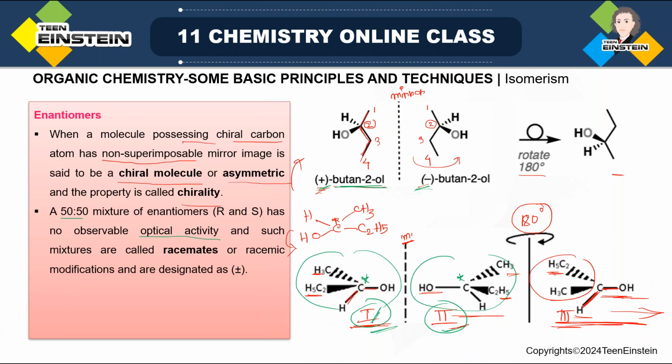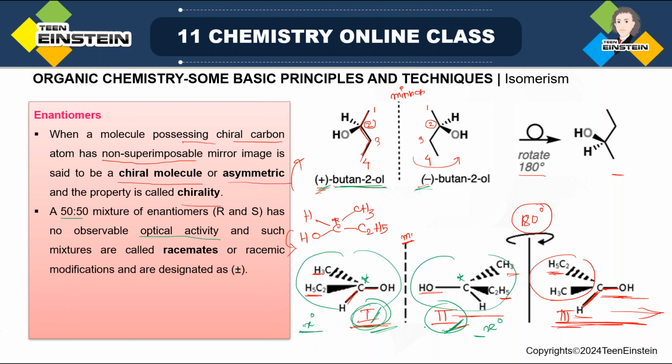So what will happen here? We have already seen in the last class how these chiral molecules can rotate the plane of polarized light. So suppose the first molecule is rotating by x degrees towards a particular direction, suppose towards the right-hand side. Now the mirror image of this molecule, that is the enantiomer of this molecule, which is basically number 2, will also rotate x degrees, but the direction will be opposite.